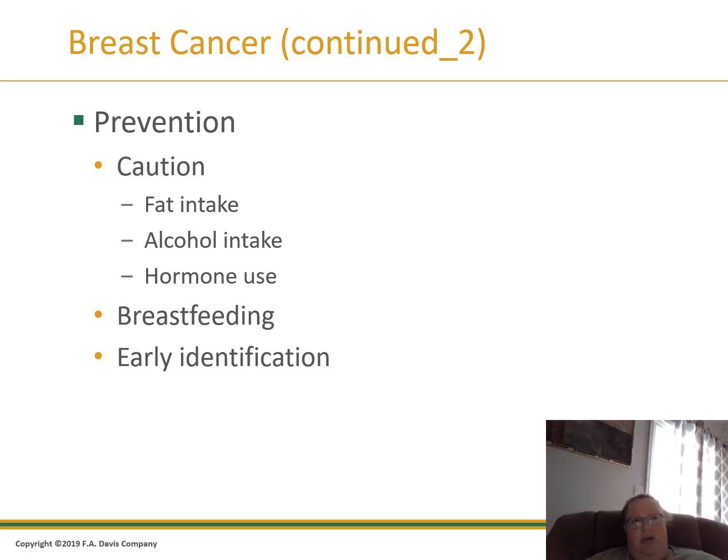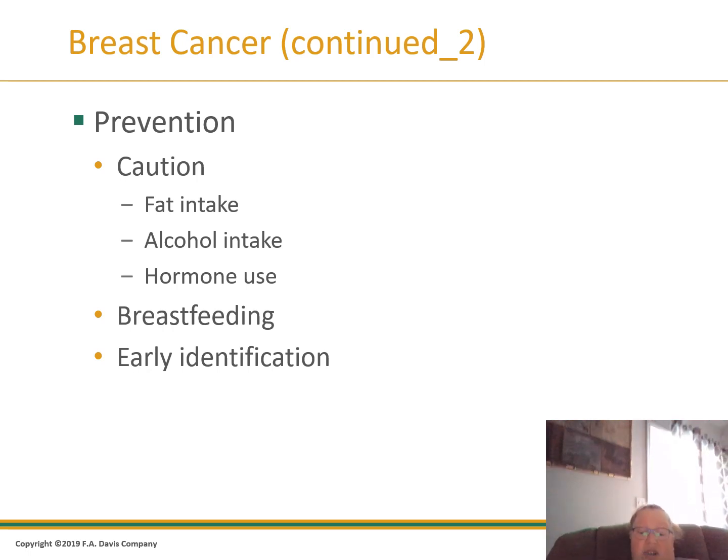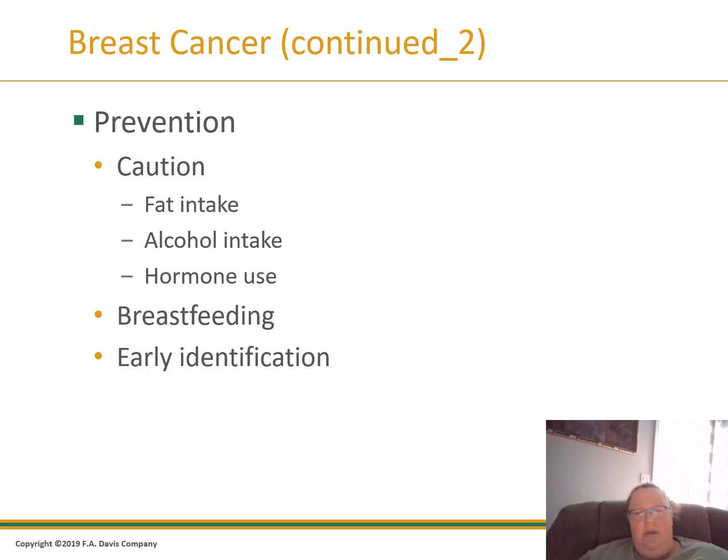My aunt, her mother passed away from breast cancer, and she had both breasts completely taken off and then had implants placed back because she was having to have lumpectomies and biopsies every single year, and it was just really hard on her emotionally. So she decided that was the best thing for her.